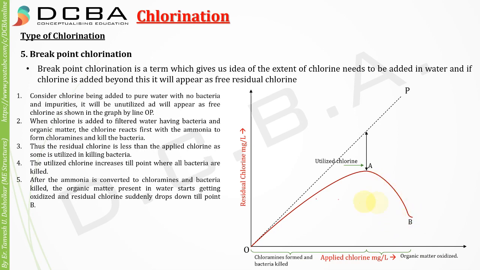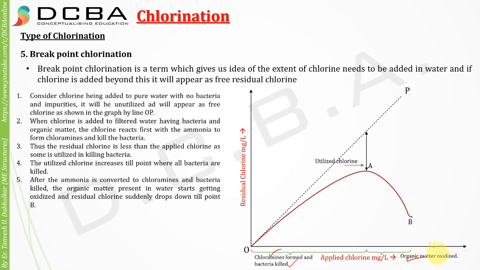So the residual chlorine is less here, because whatever chlorine you are adding, it is getting oxidized by the organic matter. After this point, see, now chloramines have been formed, bacteria have been killed, inorganic matter also has been reacted with, and organic matter is also oxidized.